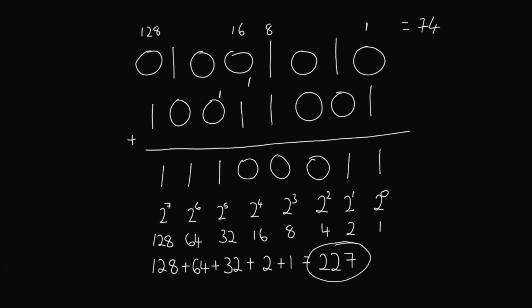So if we get 128, add 16, add 8, and add 1 together, we get the number 153. So if we add 153 to 74, we would get an answer of 227. And that's the answer we got, but we went about doing it in a slightly different way. But this is a good way to check your answers.